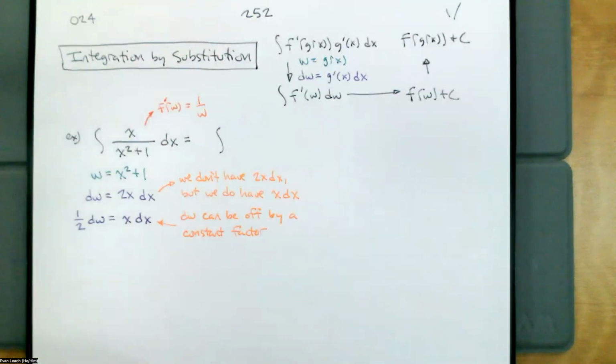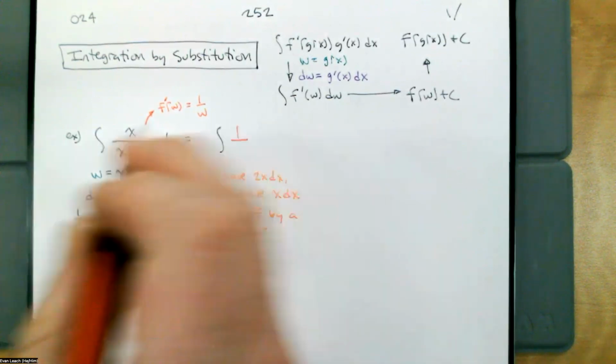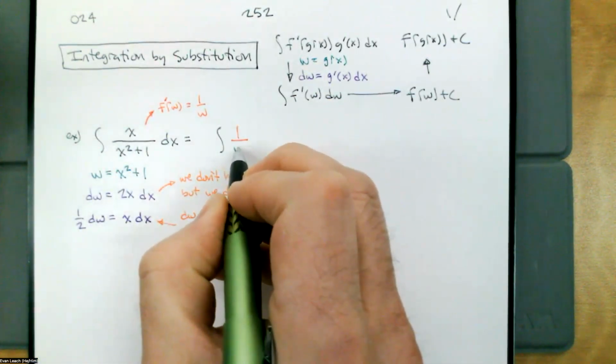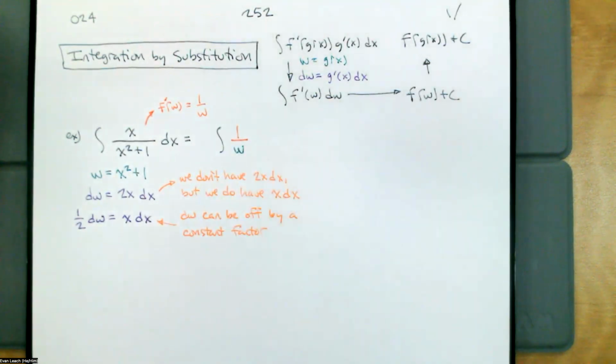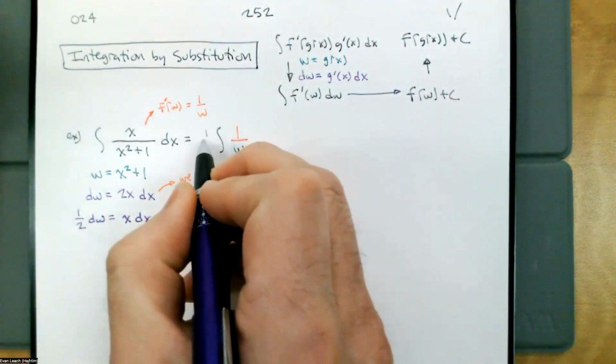The function we're actually going to be integrating is 1 over w. And this x dx, all that is a 1/2 dw.